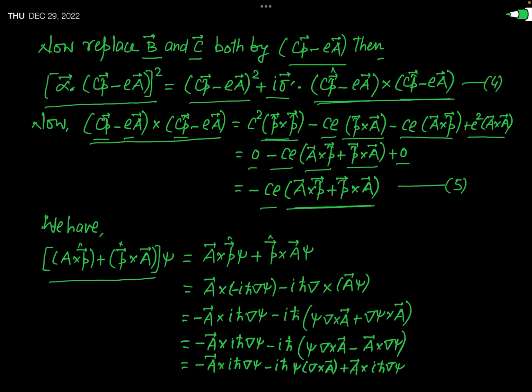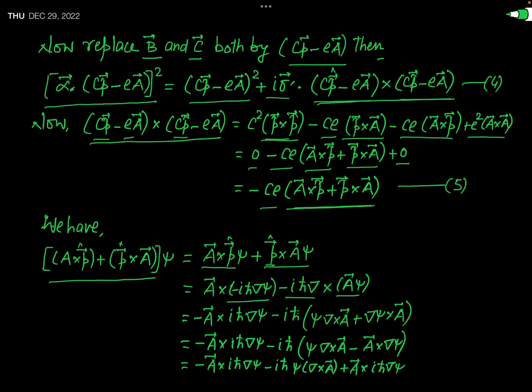You can see this will be A cross P psi plus P cross A psi, okay? Now you know that this momentum operator P hat is equal to minus i h bar del. So this is A cross minus i h bar del psi. And again this momentum operator P hat has been written as minus i h bar del cross A psi, okay?